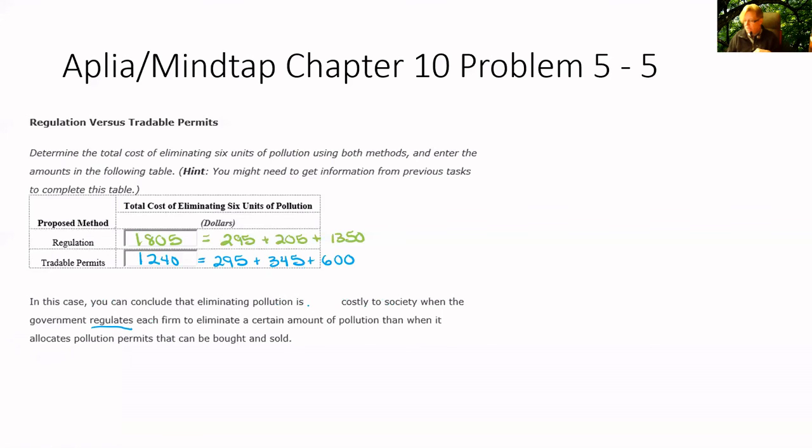So we can conclude that when the government regulates each firm to eliminate, then when it wants to allocate permits that can be bought and sold, it is more costly to society to use regulation. So here, just a double check is, if they're using regulation, that's always going to be more costly. And then permits are always less costly.